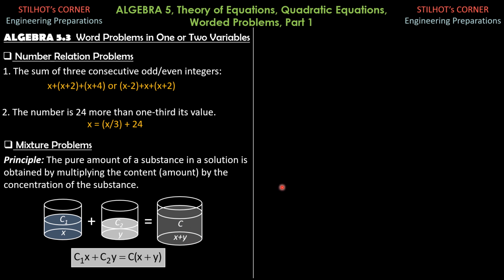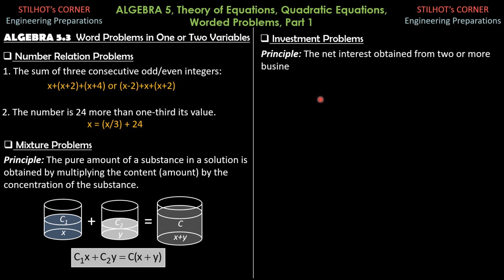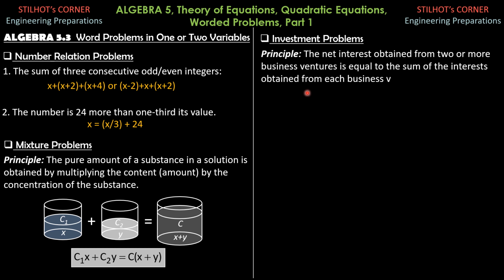We then proceed to investment problems because the formulas and principles with mixture problems are the same. So the net interest obtained from two or more business ventures is equal to the sum of the interest obtained from each business venture.